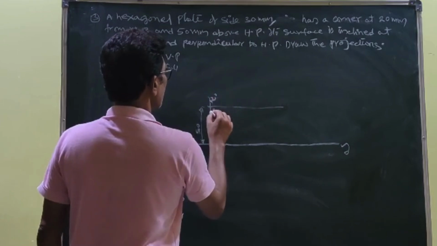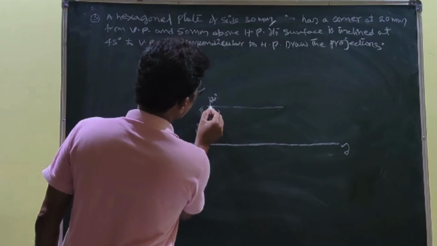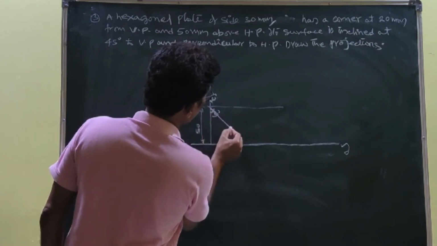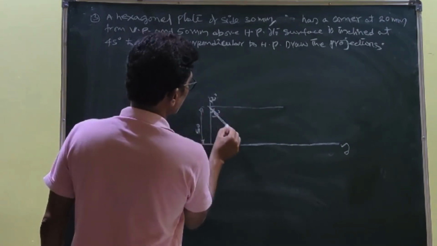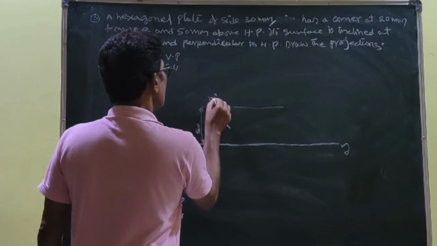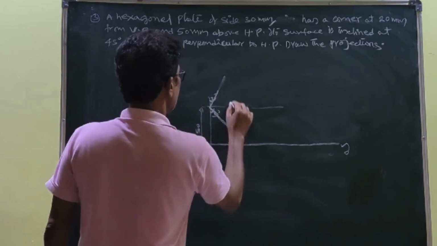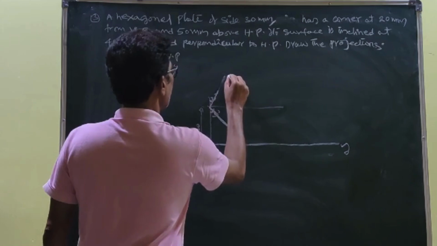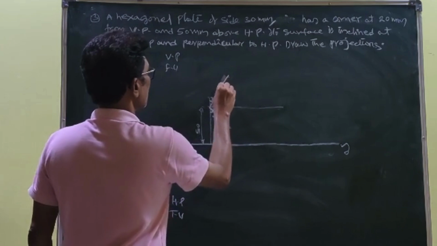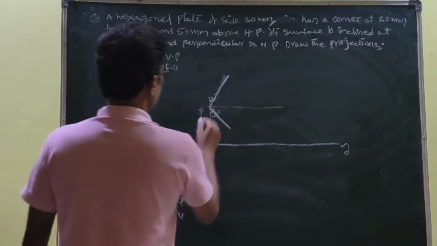From here you draw a line passing through that point, and here also you draw a line passing through that point. So this is the point.